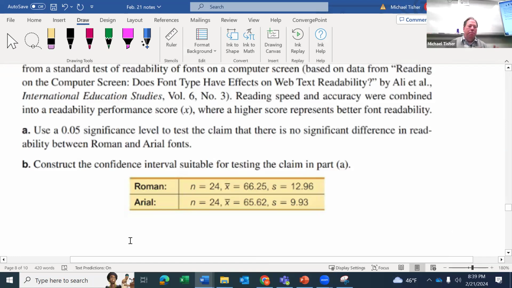Okay, so we want to test a claim that there's no significant difference in readability between Roman and Arial. Do you think there's no significant difference in this classroom? Each of you had a preference, right? So maybe there's a difference. Let's test the claim that there's no difference.